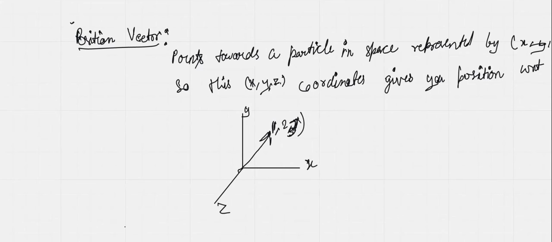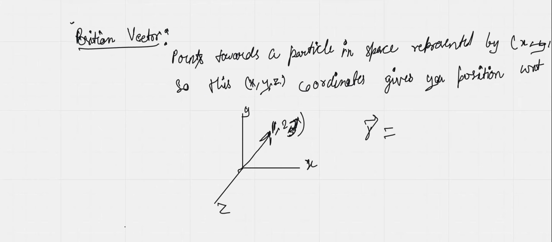Displacement vector we have also done, right? Also, you can represent this position vector with any variable. Generally the variable we use is r, because this is a vector quantity. You can also use s or p.